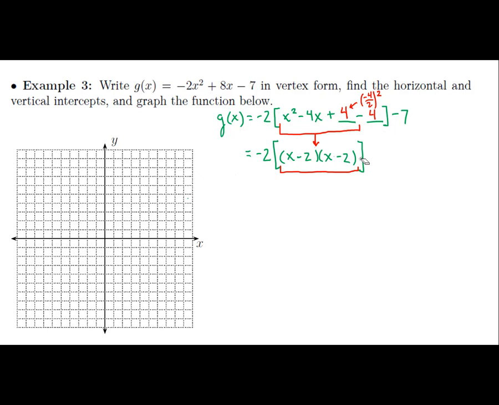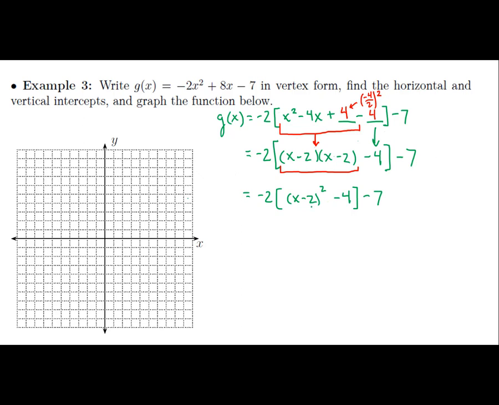So let me get rid of this bracket, because we definitely need to remember the -4. That came from right there. And then in the next step, I've got -2, and this is really x minus 2 squared minus 4, still in the bracket, minus 7.